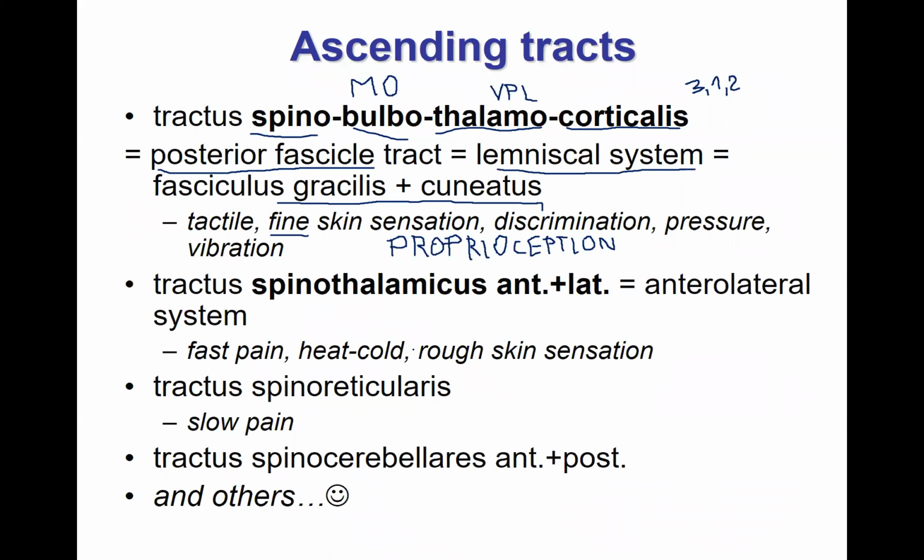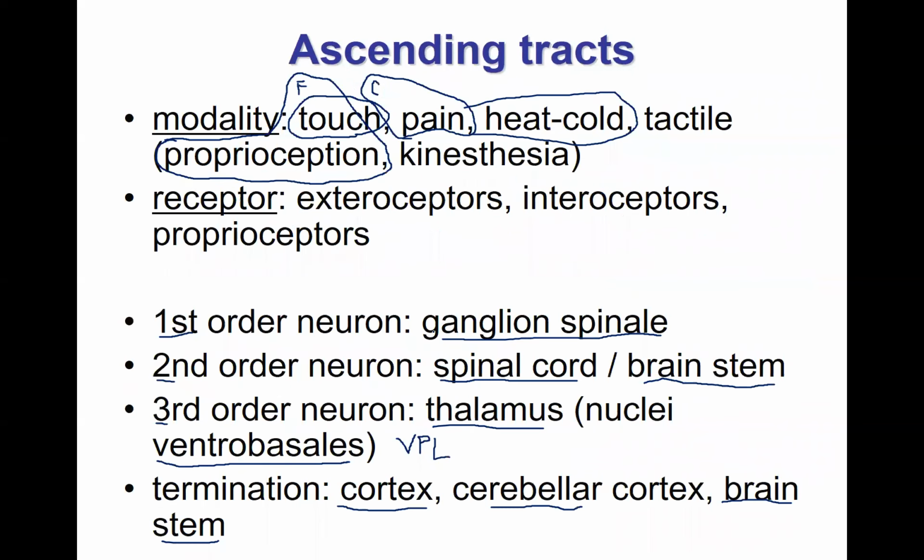Well, the other system is called the Anterolateral System, because it is comprised within the anterior and lateral funiculus. And it's called spinothalamic tract. So it goes from the spinal cord, as we can see here, where is the first order neuron?